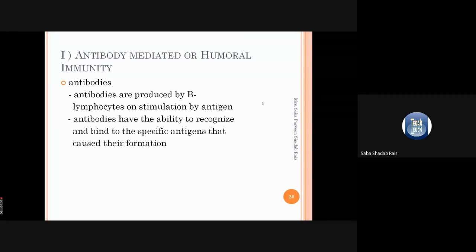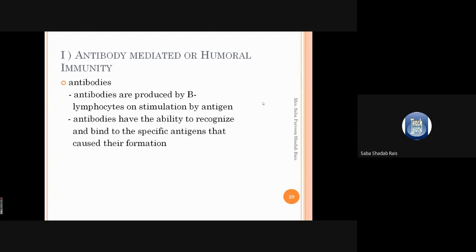And what will be elicited by it? The phagocyte will get a signal, yes, something is trapped here that should be removed, and then phagocytes will come and kill that particular antigen, which is known as opsonization. So generally, what happens in the case of opsonization? Coating of the bacteria by the antibodies.